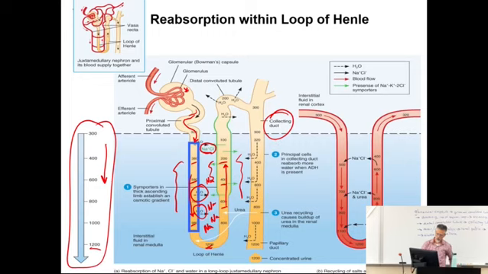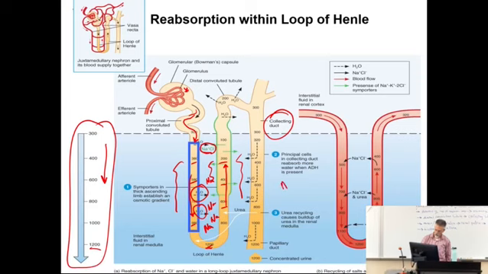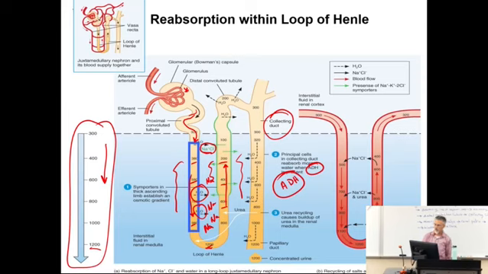So facultative water reabsorption, the optional water reabsorption, is under the control of antidiuretic hormone, seen there, highlighted there. When we have antidiuretic hormone, the effect is that we insert those little aquaporins into the wall of the collecting tubule, which allows the water to leave.